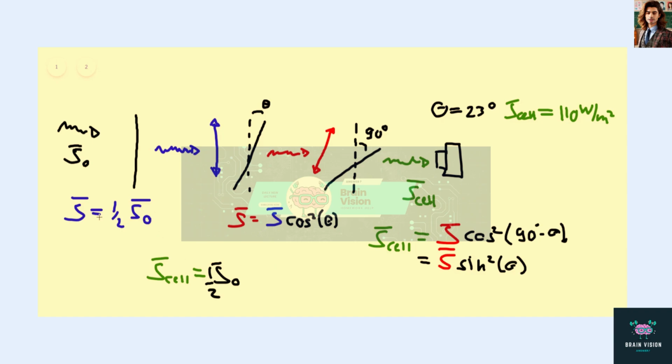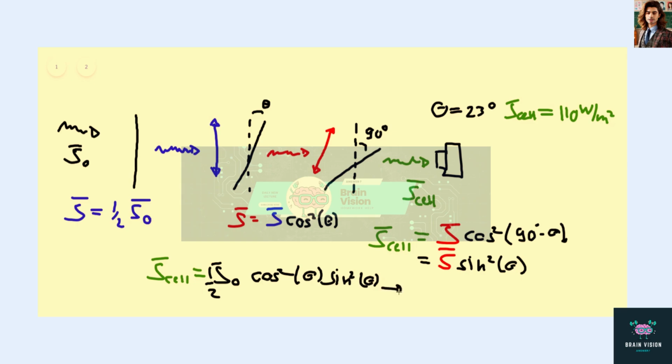Then you have this value times cosine squared theta, which comes from the polarization through the second polarizer, the insertion. And then what you have here is the red S bar, and you still need to multiply that by sine squared theta to get the intensity that actually reaches the photocell.